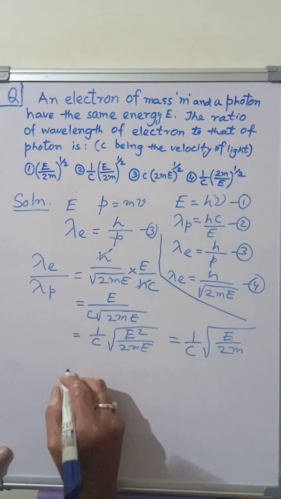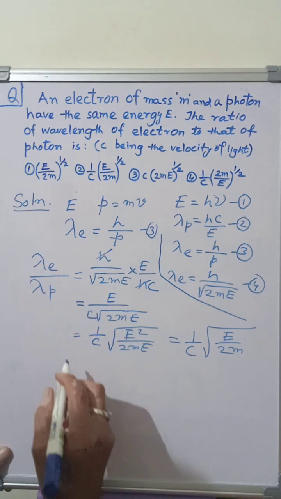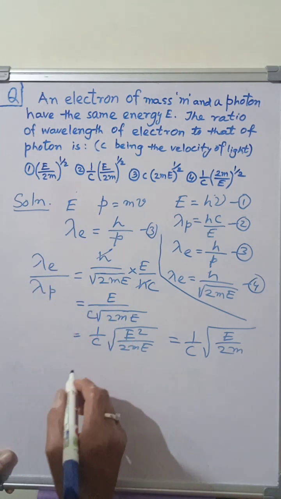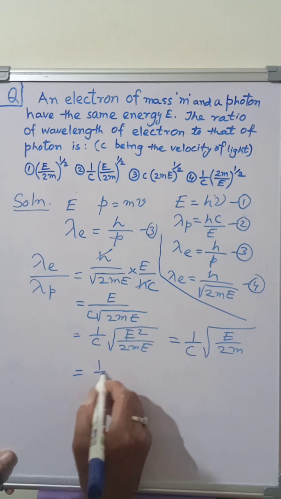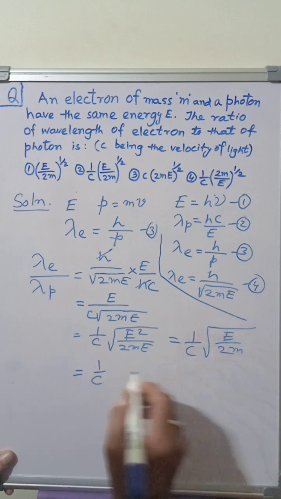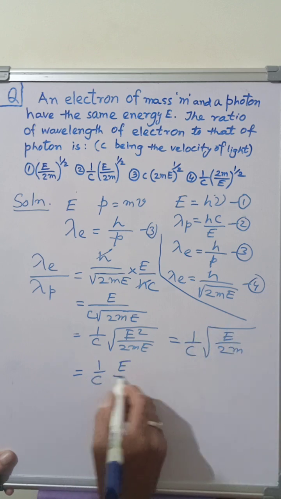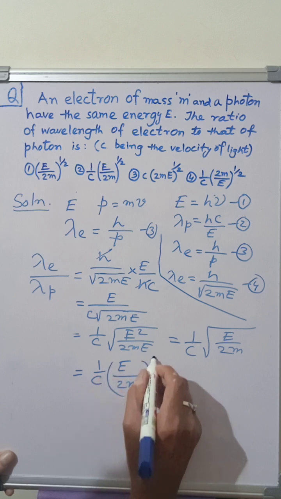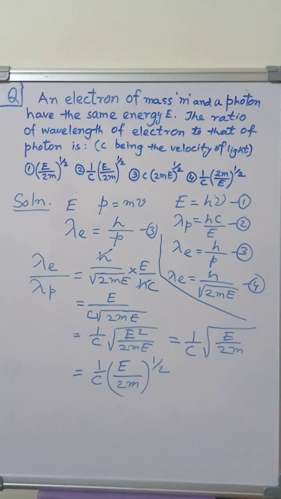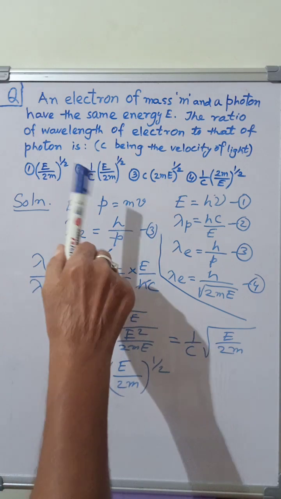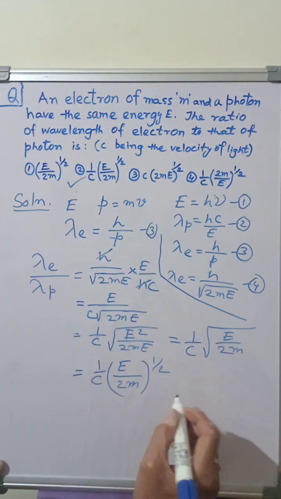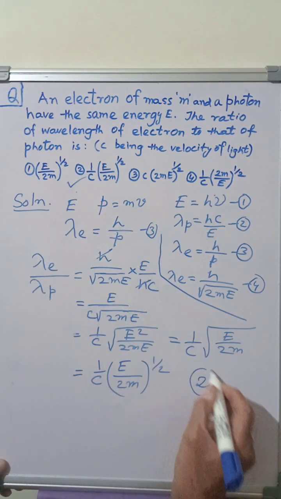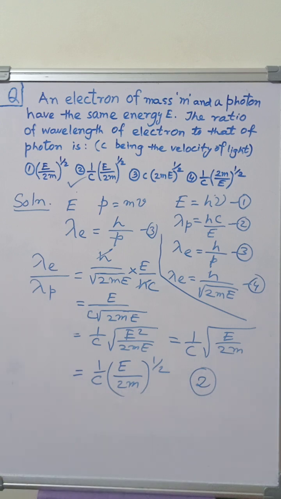Therefore, we can write this ratio lambda E divided by lambda p is equal to 1 by c into root over E by 2m, which is the answer to the question. Therefore, the correct option is 2. This completes the answer to the question.